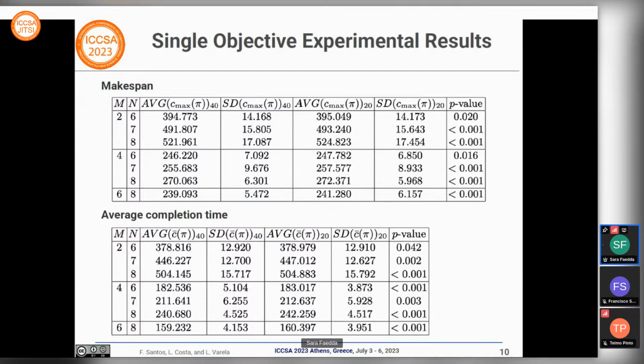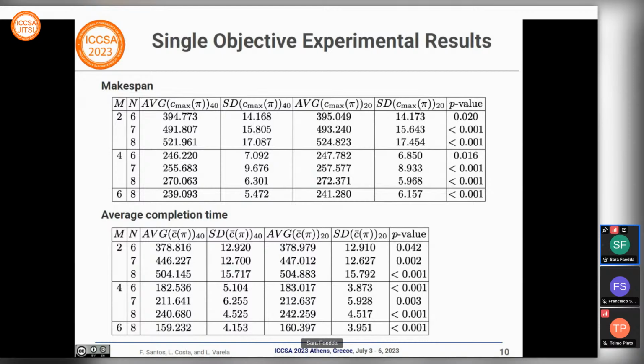We can see that we have some differences in terms of the average, and for all of these the differences are statistically significant.